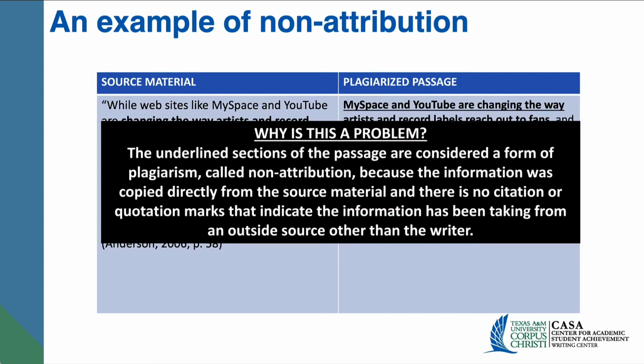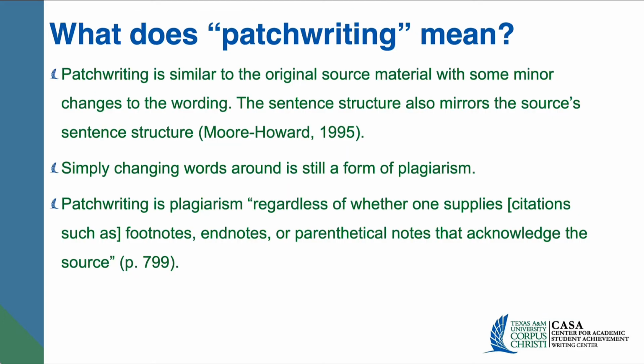So why is this a problem? The underlined sections of the passage are considered a form of plagiarism called non-attribution because the information was copied directly from the source material and there is no citation or quotation marks to indicate that it was taken from another source.